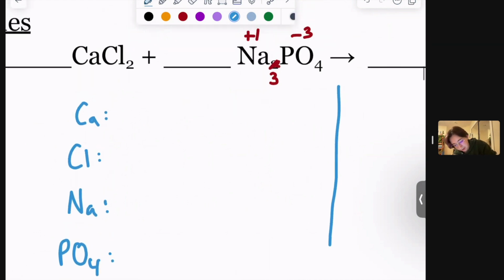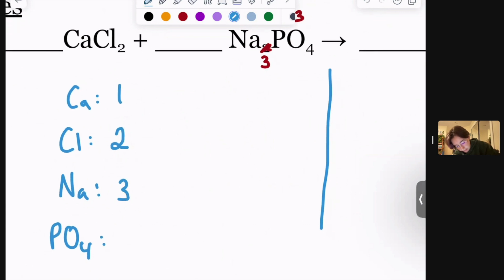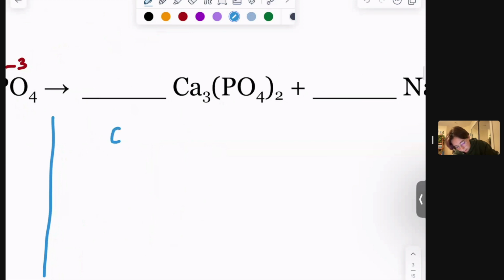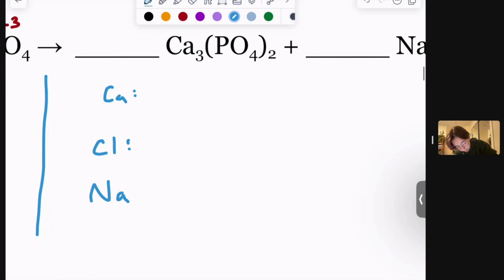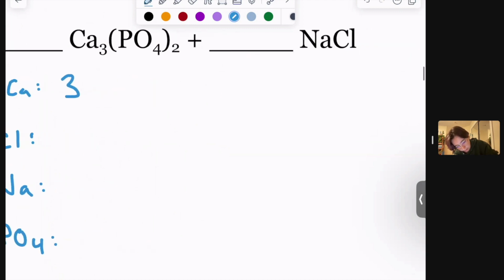So I would count how many of each thing I have on the left side of my arrow right now. I just have 1 calcium, 2 chlorines, 3 sodiums, and 1 phosphate. I'm going to line it up just so it's easier to keep track of. On this side I have 3 calciums, 1 chlorine, 1 sodium, and 2 phosphates.